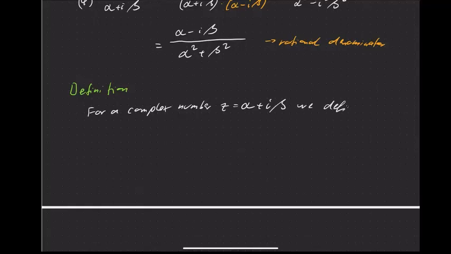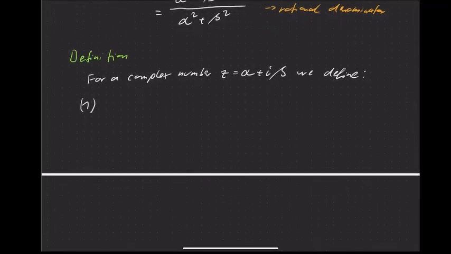We define the following. First, I already said this, the two parts of z, alpha and beta, are referred to as the real part and the imaginary part of a complex number.